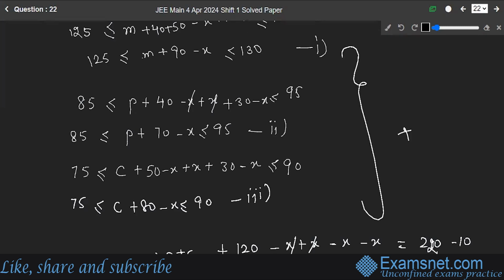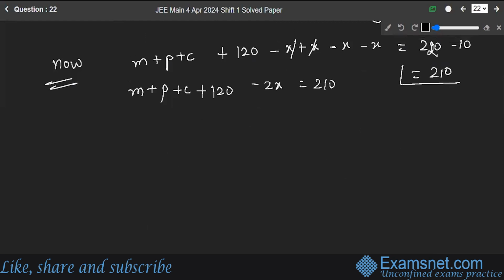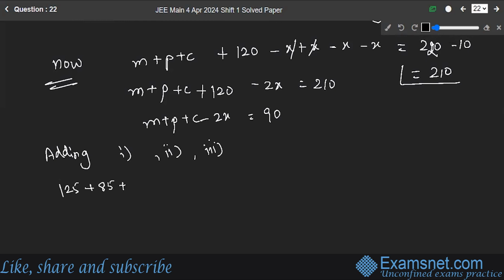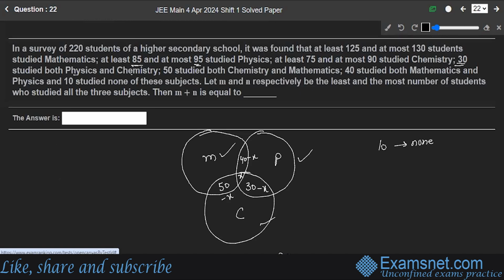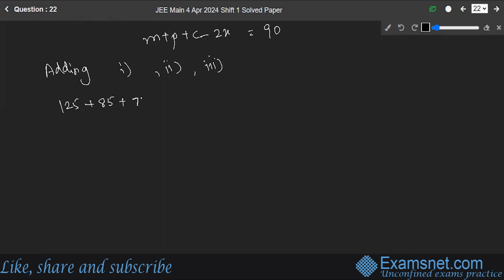Adding all of them, you will get 1, 2, 3. Let's write it over here. First of all, this will be M plus P plus C minus 2X is equal to 90. So now adding 1, 2, and 3, you will get 125 plus 85 plus 75 less than or equal to M plus P plus C, 90, 70, 80 minus 3X less than or equal to 130, 95 and 90.